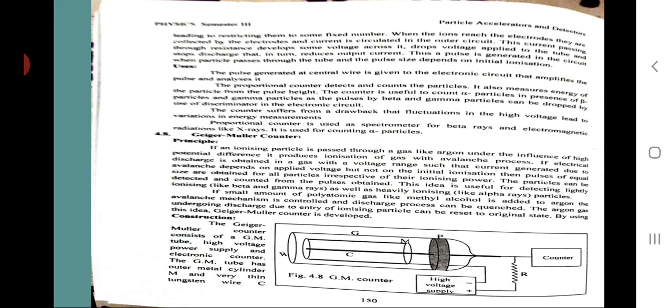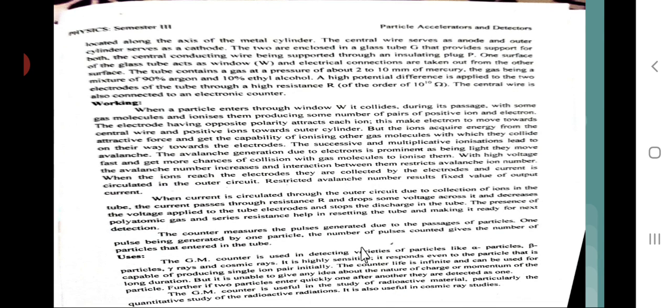The GM tube has an outer metal cylinder M and a very thin tungsten wire C located along the axis of the metal cylinder. The central wire serves as the anode and the outer cylinder serves as the cathode.